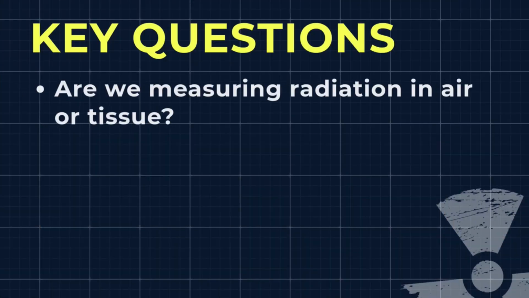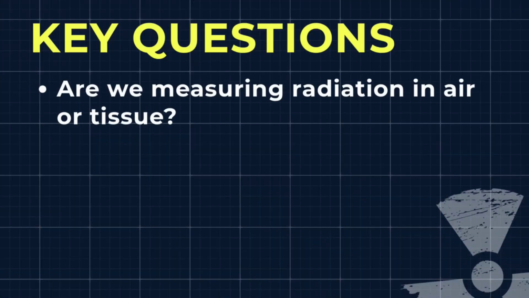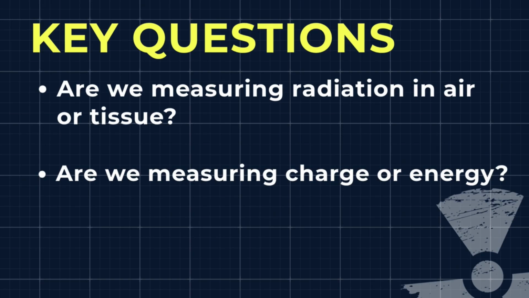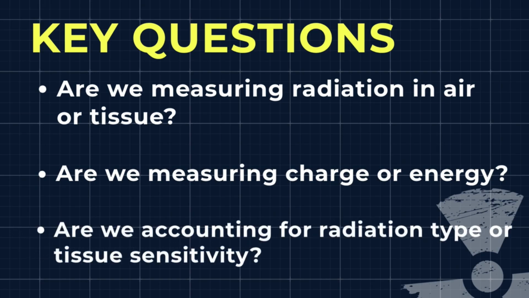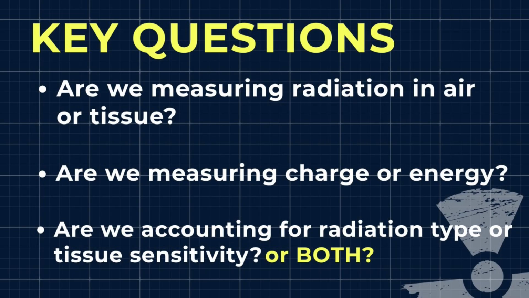Ask yourself, are we measuring radiation in air or tissue? Are we measuring charge or energy? Are we accounting for radiation type? Are we accounting for tissue sensitivity? Or are we accounting for both type and tissue factors? When you can answer those questions, you won't have to guess which measurement belongs in which situation. You'll understand why it belongs there.